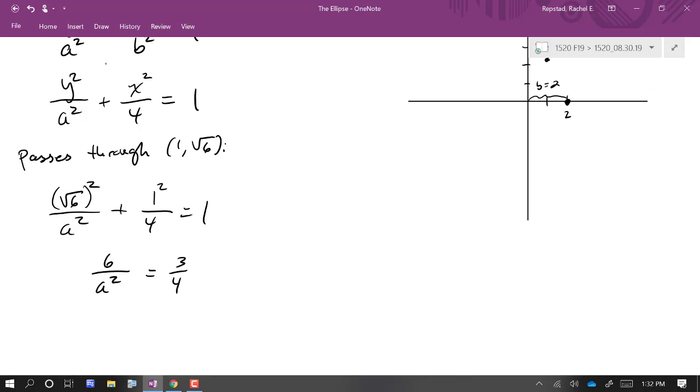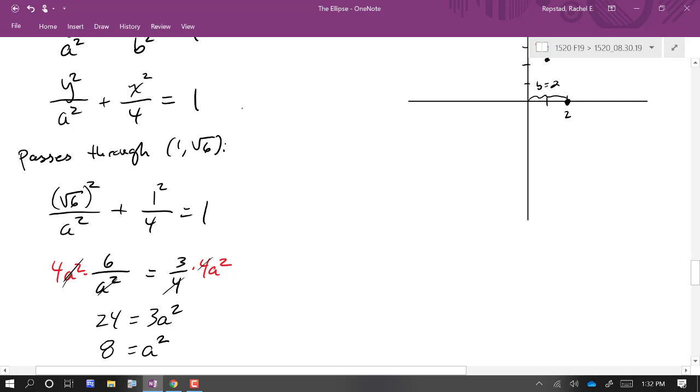I'm going to clear denominators now, so I'll multiply both sides by 4a squared. So we get 24 is equal to 3a squared, which means that a squared is equal to 8.